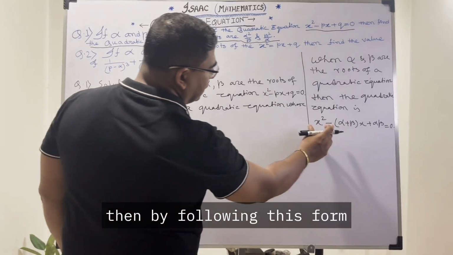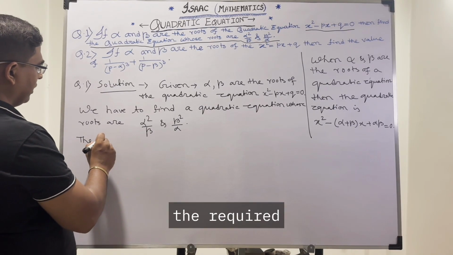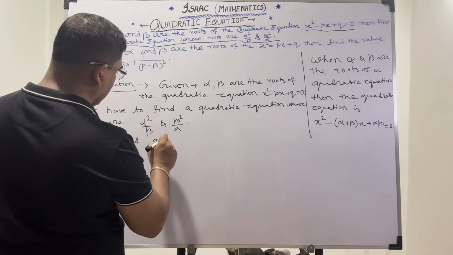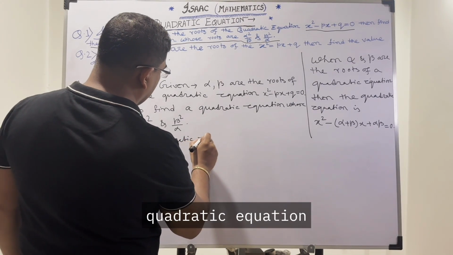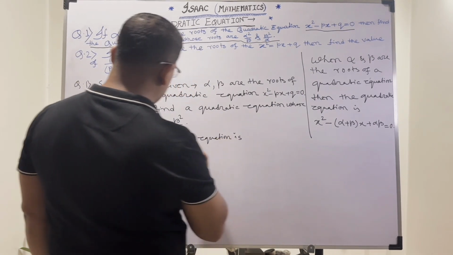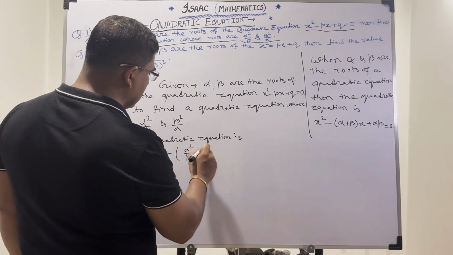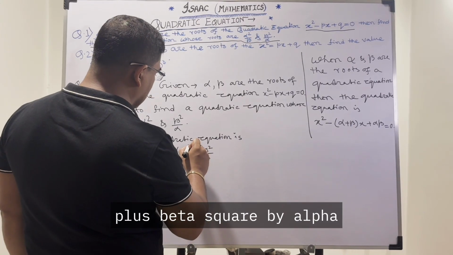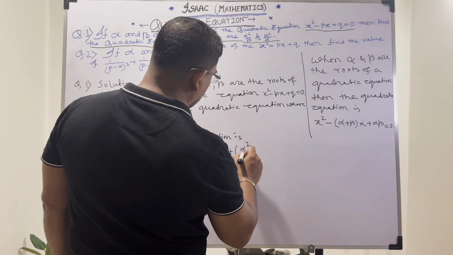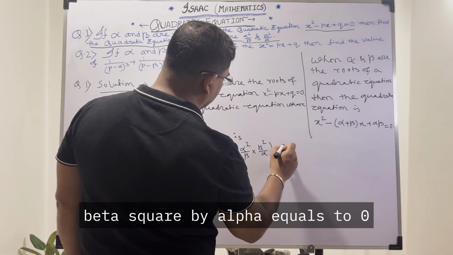Then by following this form we can write the required quadratic equation is x square minus of alpha square by beta plus beta square by alpha whole into x plus alpha square by beta into beta square by alpha equals to 0.